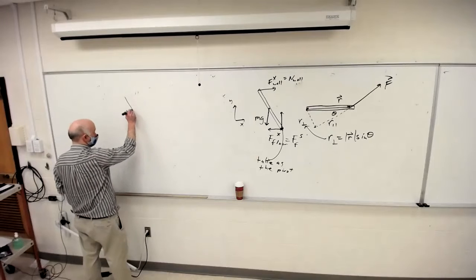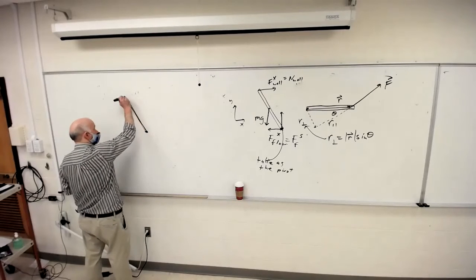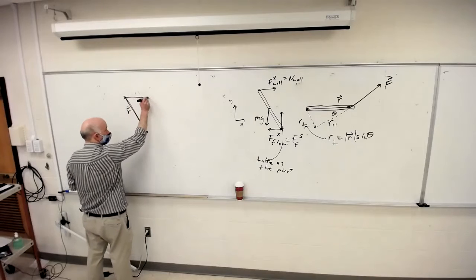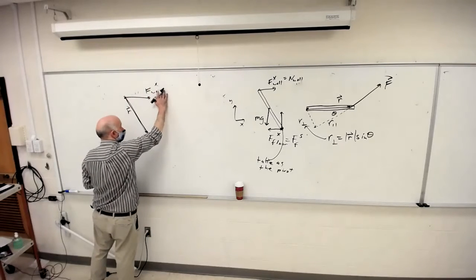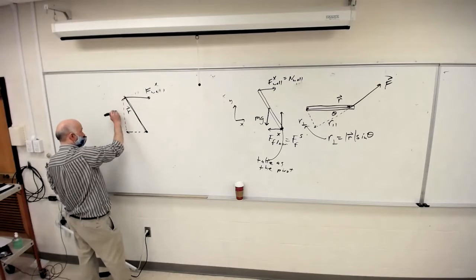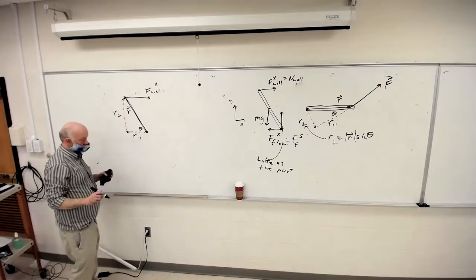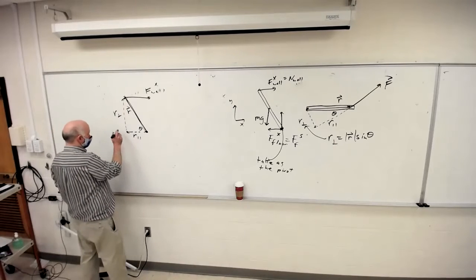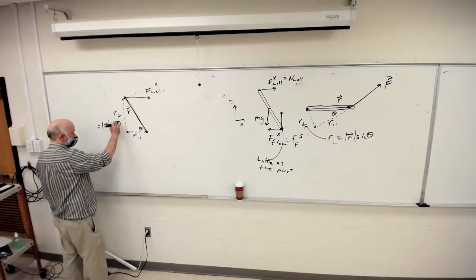So when I have this guy, here's my pivot, here's my R, here's my F. I can break this up like this, like this. So here's my R perpendicular, and here's my R parallel. And this is theta here. So I can say that this R perpendicular is R sine of theta here like this.